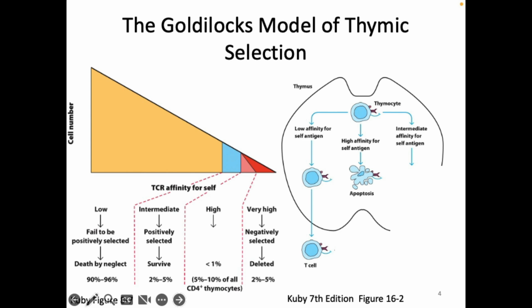One of the things that is important to note here is that all of this is taking place based on interactions between those developing T cells and the other cells in the thymus that I've referred to as the structural cells or the stromal cells.